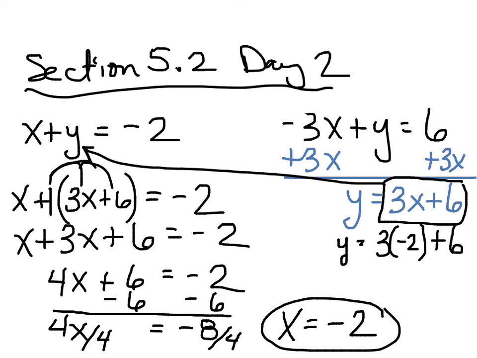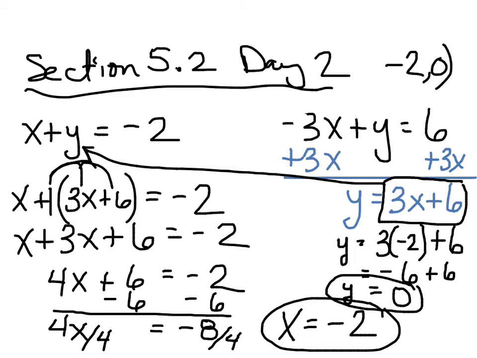What's 3 times -2? -6. Good. And what's -6 plus 6? 0. Good job. So I got x equals -2 and y equals 0. So my final answer, if I want to write it like an ordered pair, I'd write it as (-2, 0). Just like that.